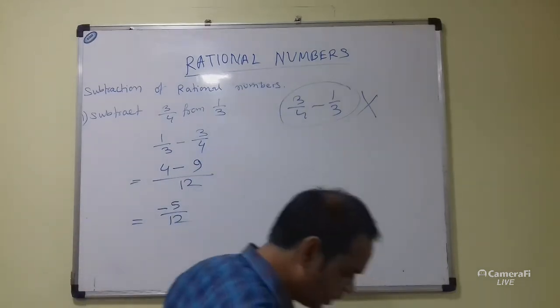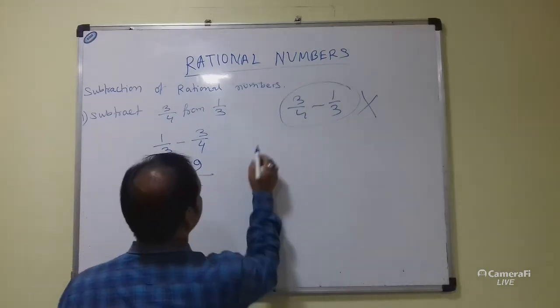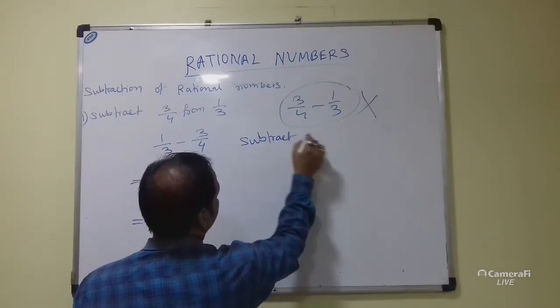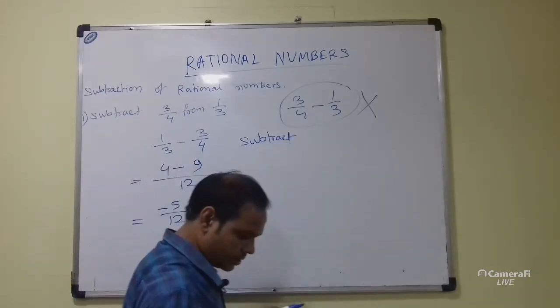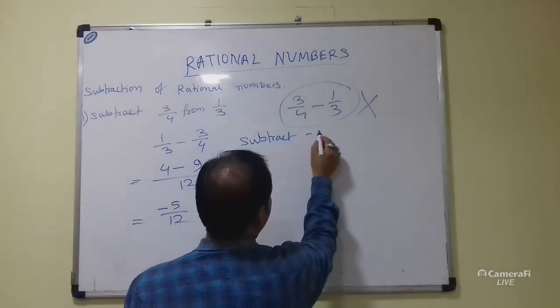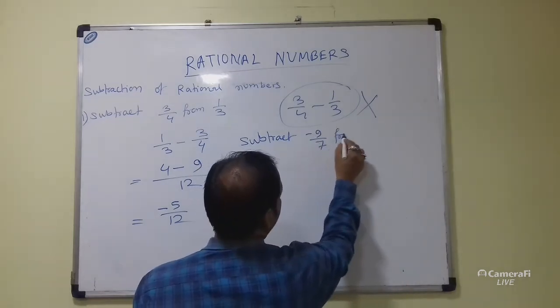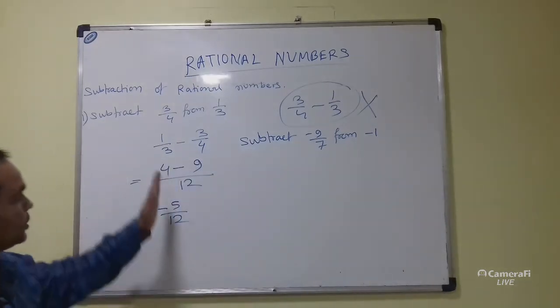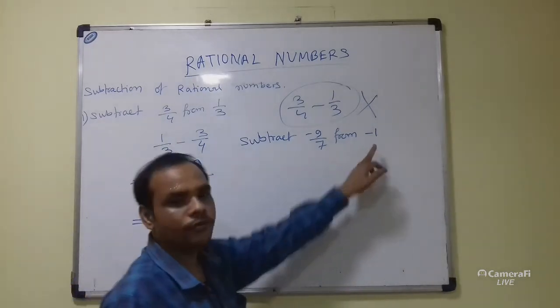I will show you another one: subtract minus 9 by 7 from minus 1. As I told you, we have to write this one first.